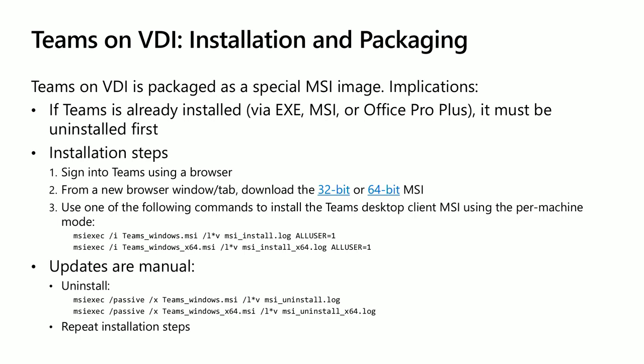But basically what you do is you download that image, 32 or 64-bit, and then you use some PowerShell commands to install it. Now the updates currently, we're working on this, are manual. You have to uninstall and then repeat the installation steps. So there's some extra things to handle there, but again, there kind of has to be because you've got a virtual machine to worry about too. So you want to have that be kind of a controlled process.